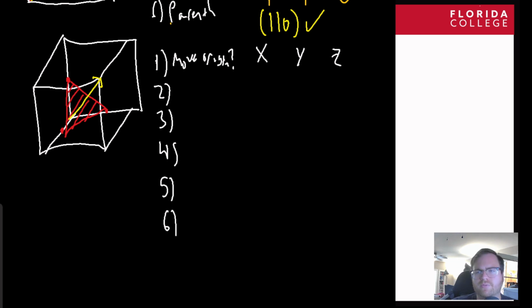And what was the condition for that? If the plane intersects with the origin, we can move the position of the unit cell to get more of the plane in the frame so that we can define it. In this case, no, we don't need to, because this plane is still pretty much in the frame. So that answer is no. I'm just going to put an X here to say no.